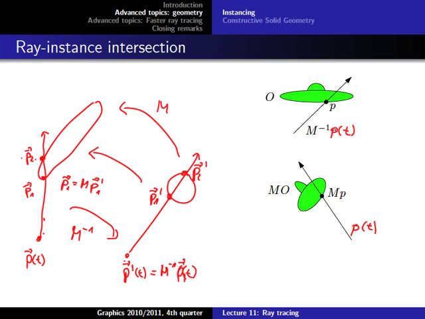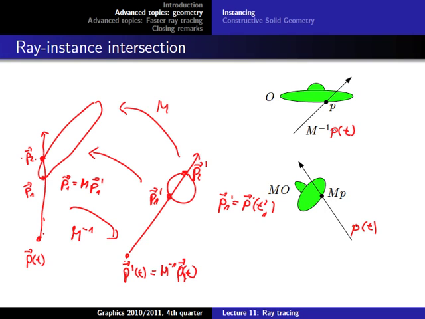And now we can just apply the matrix M again, and then we get P1 is M times P1 dash. In fact, we don't even have to apply that, because when we calculate the intersection points here, we get P1 dash as the ray P dash with a specific parameter, let's call it t1 dash. So this is the parametric equation of a ray that we get when we calculate the intersection.